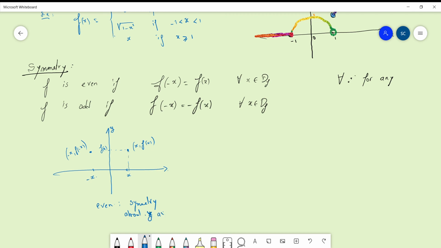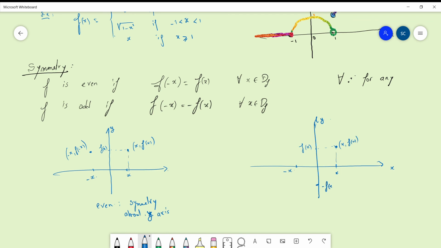For an odd function, quickly here, x, y, this time here is an x, here is my f of x. Here is my minus f of x, the opposite. So what about f of minus x? It is equal to minus f of x. Minus f of x will be here, the opposite.